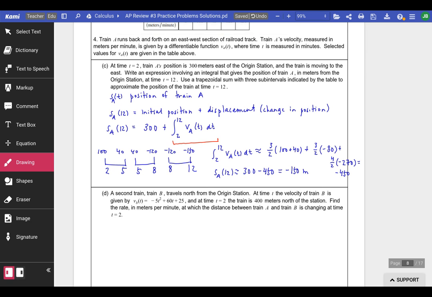All that means is that that train is to the west of that origin station. So I'm going to put a little note here: at time t equals 12, train A is approximately 150 meters west of the station.